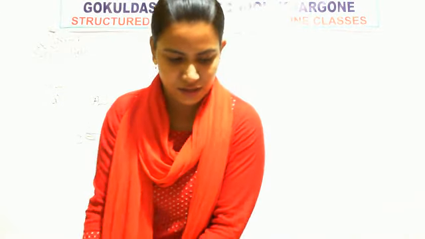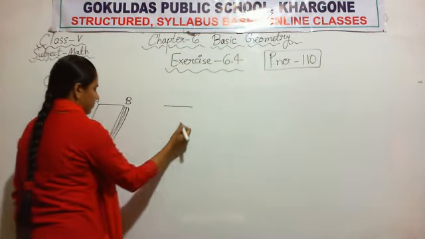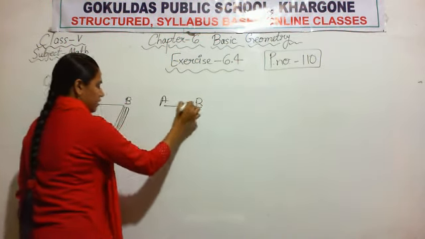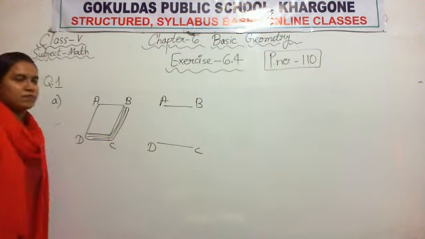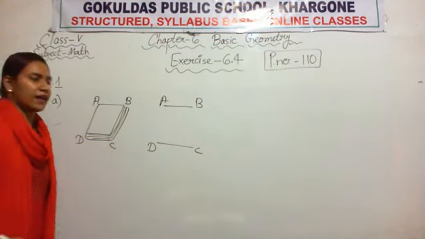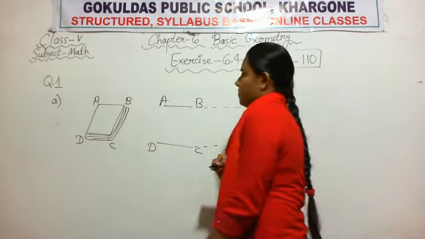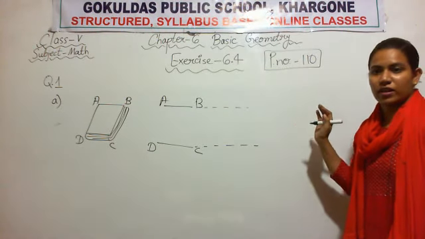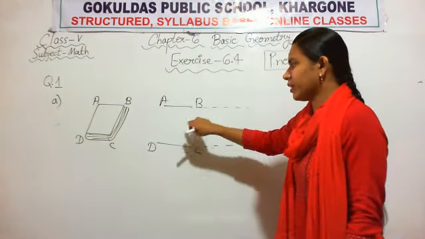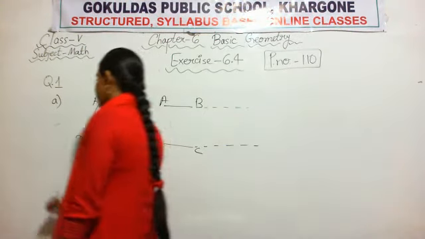It is my task. So here observe the line AB and observe the line DC. If I extend both the lines further, they do not cross each other, which means line AB and line DC are parallel to each other.